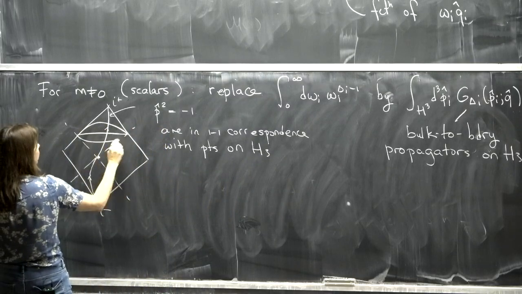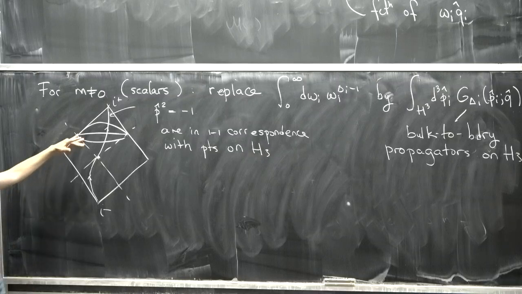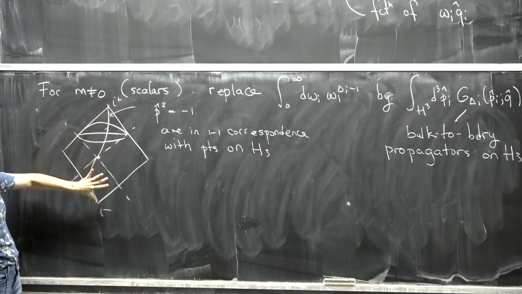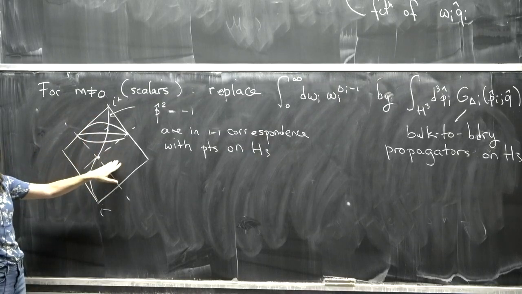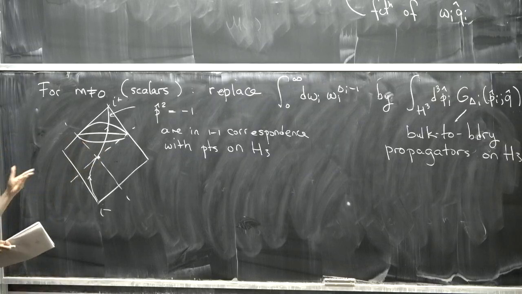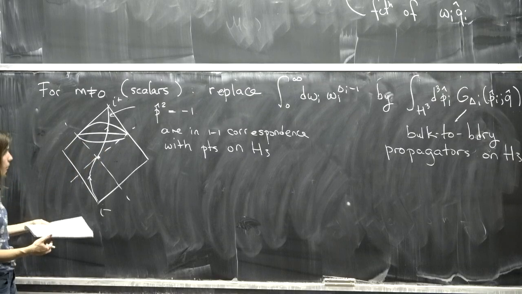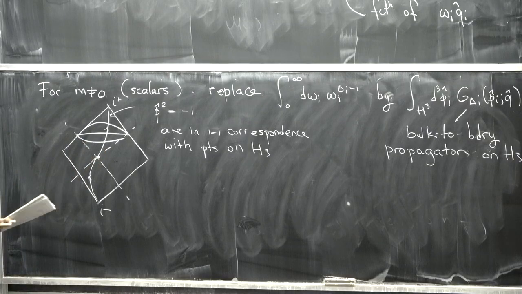So the picture is that you can foliate Minkowski space with hyperbolic slices in the Milne patches and with dS3 slices in this exterior region, and one can then compute massive celestial amplitudes by summing up all of these contributions from these AdS3 and dS3 slices.